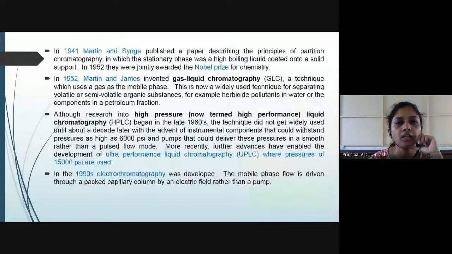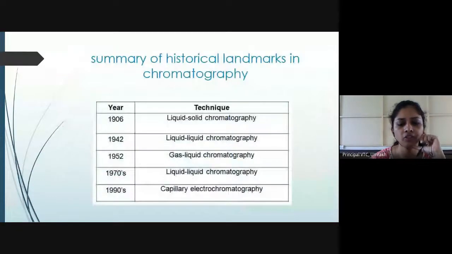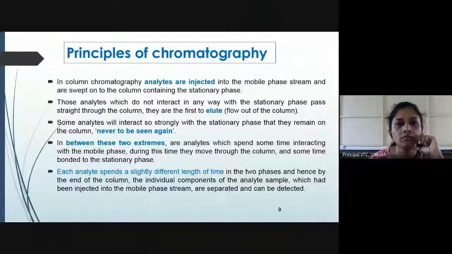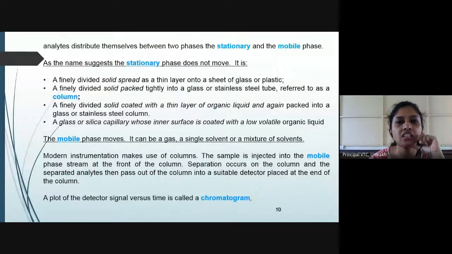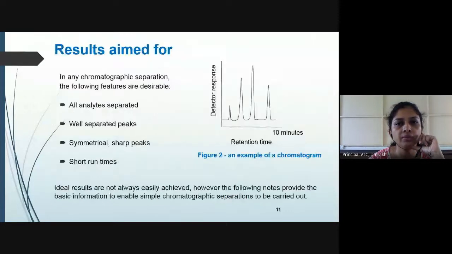Different kinds of chromatography came into existence in different years; almost 100 years have passed since chromatography came into existence. The analytes interact in different ways with the stationary phase and mobile phase, and according to that they can be separated.